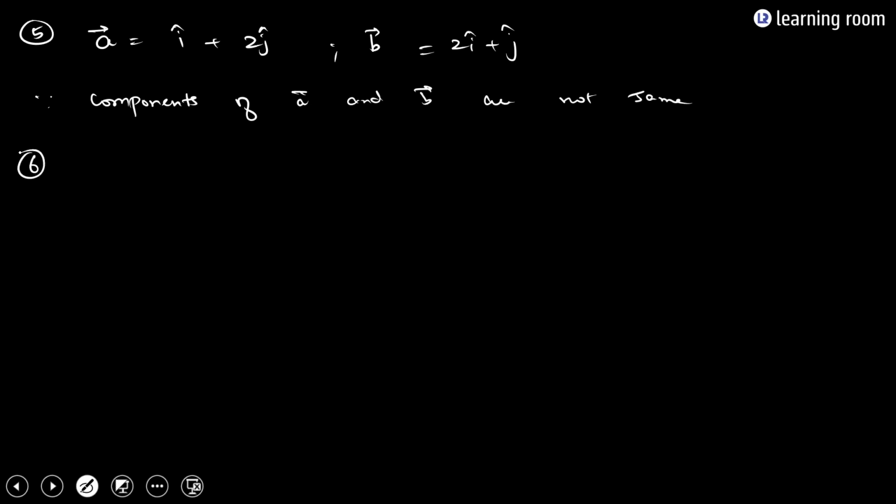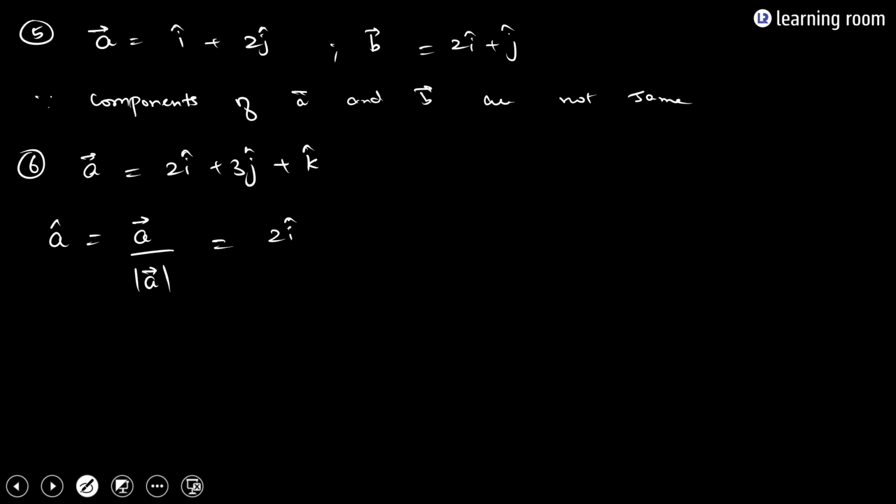Sixth one. A vector is given as 2 i cap plus 3 j cap plus k cap. We need to find a unit vector in the direction of this. So a cap will be equal to a vector divided by magnitude of a vector.